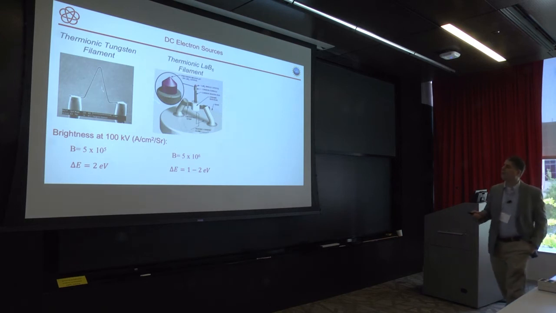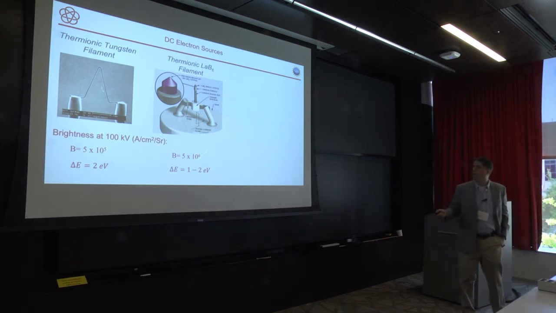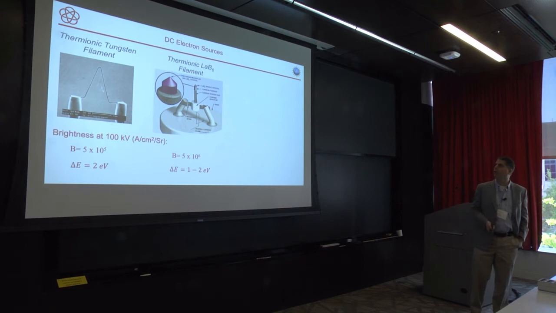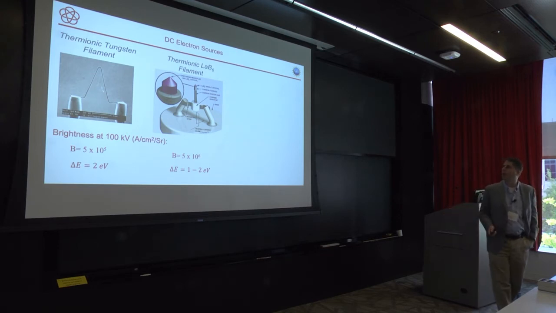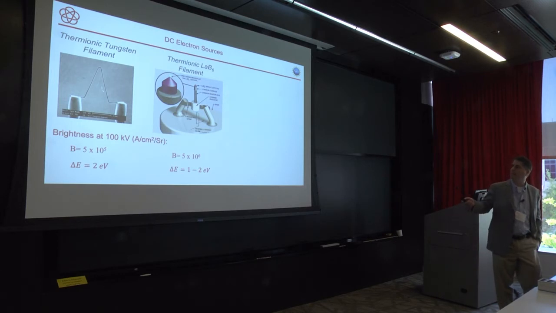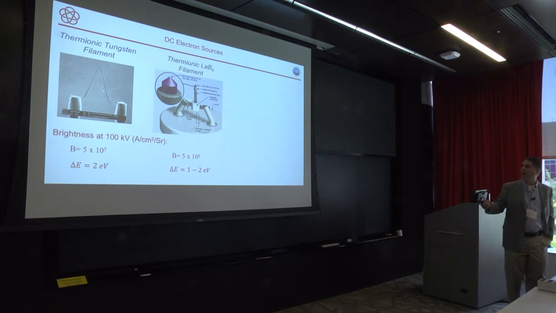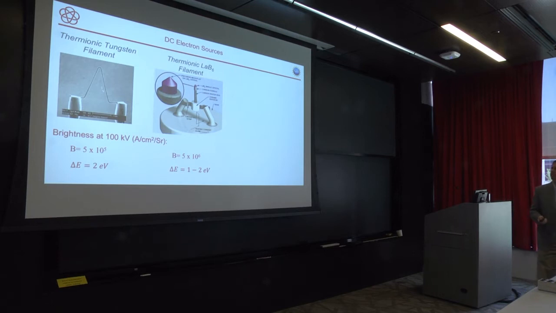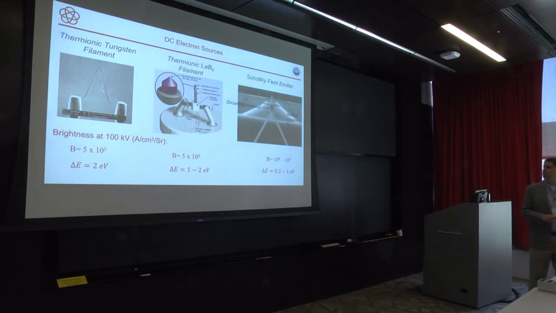The LaB6 filament is the more common, cheap workhorse tool. Brightness is an order of magnitude up. It's still got a horrible energy spread. But these crystal tips, with the little flat facet on top, are 100 microns, and LaB6 is a low work function, so those things are easy to convert to ultrafast sources. And so FEI uses this as their ultrafast source.